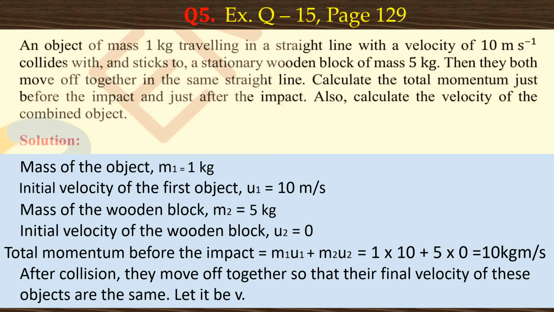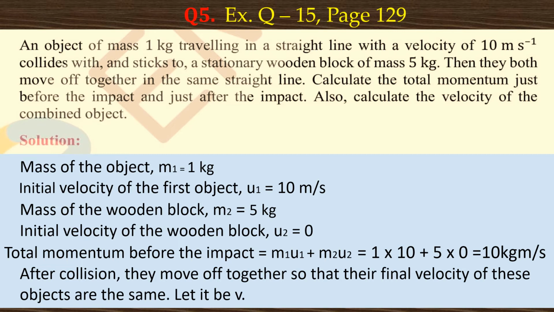So the total momentum before impact or before collision is equal to m1 u1 plus m2 u2, that is 1 into 10 plus 5 into 0, which equals 10 kg meter per second.